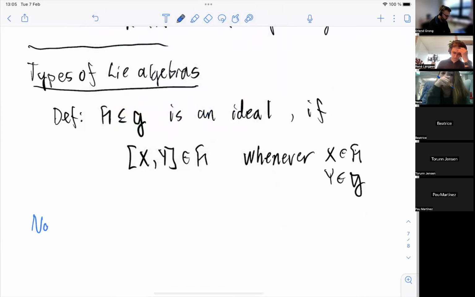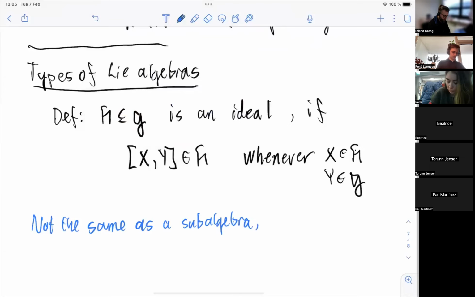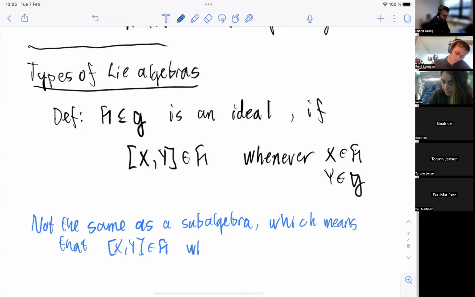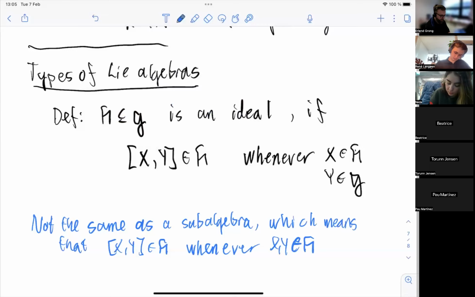So this is not the same as a subalgebra, which means that [x, y] is in H whenever x and y are in H. So an ideal is something that's stricter than having a subalgebra.